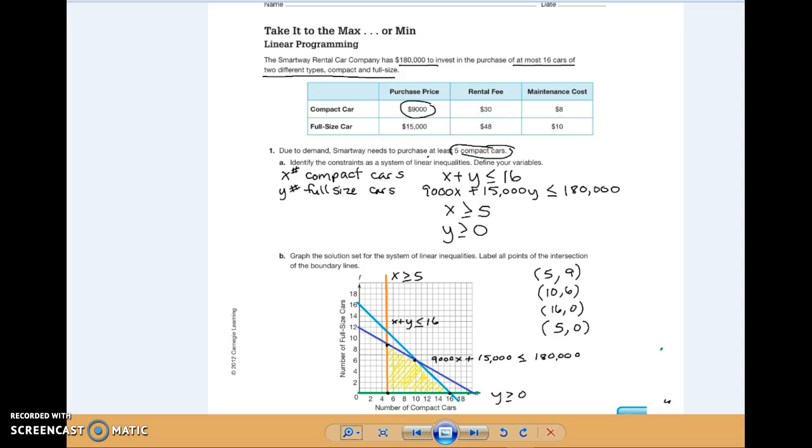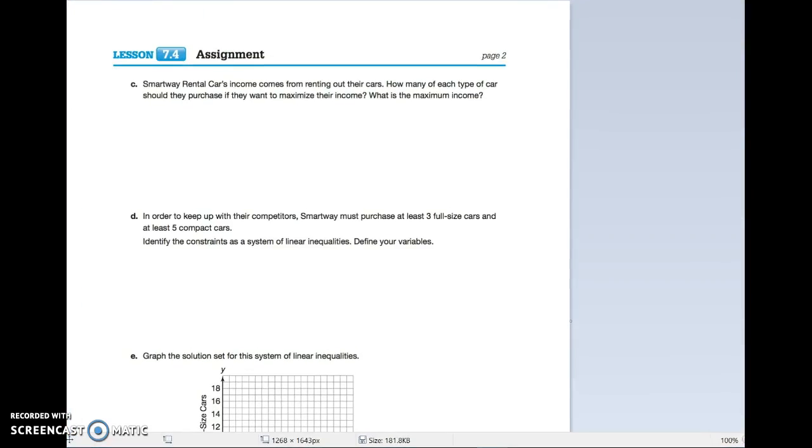So now that we have that information, we can write over here, rental for X is $30 and rental for Y is $48. So that means for every X, they make $30, and for every Y, they make $48.